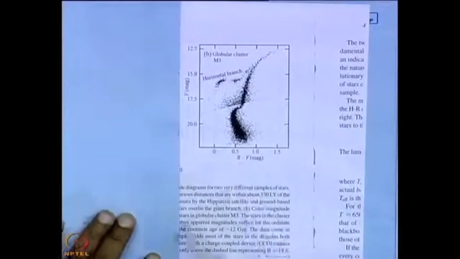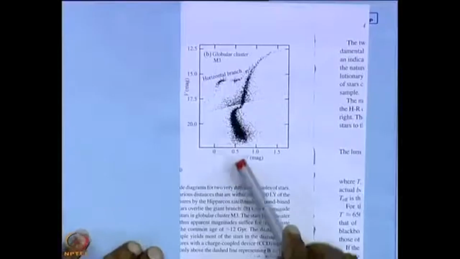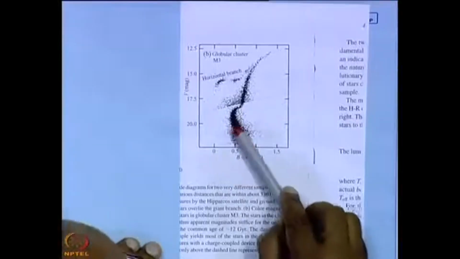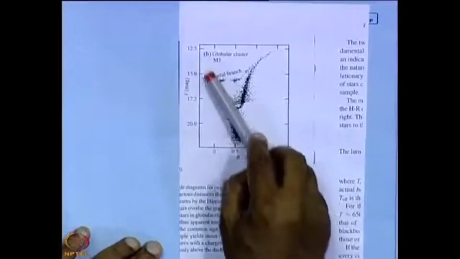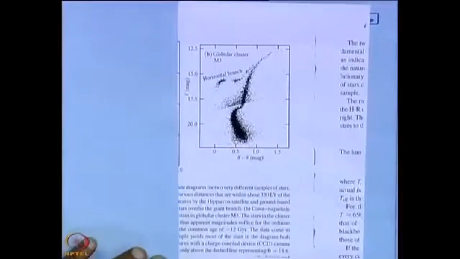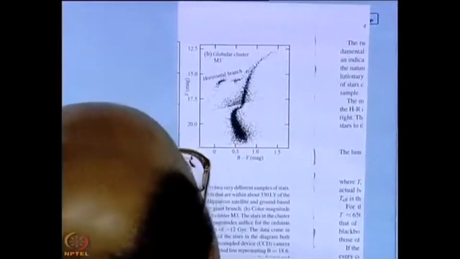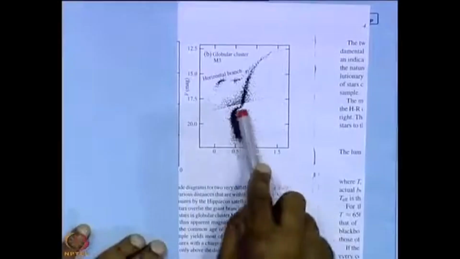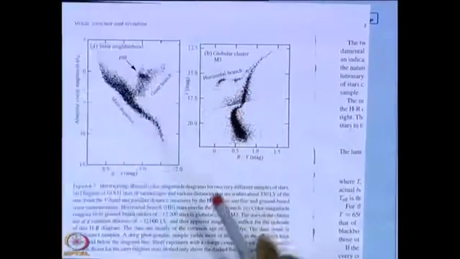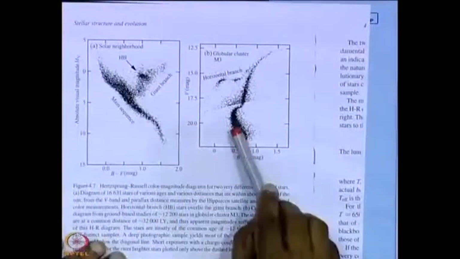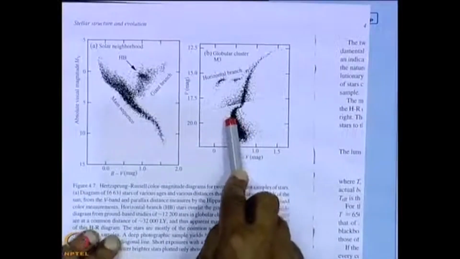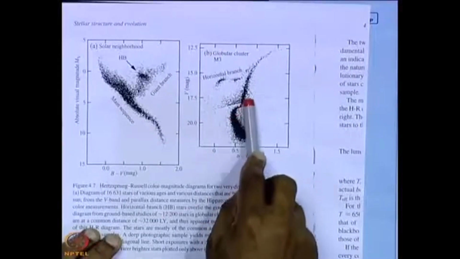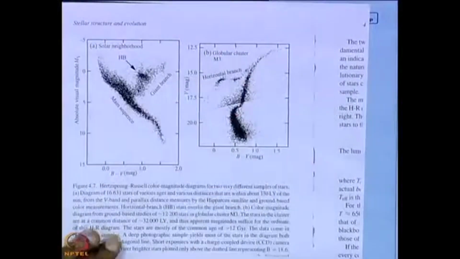Now here again notice that you have the main sequence over here, but it extends to a much smaller distance along the HR diagram. Comparing these two, right over here the main sequence stops and you find stars which are off the main sequence.